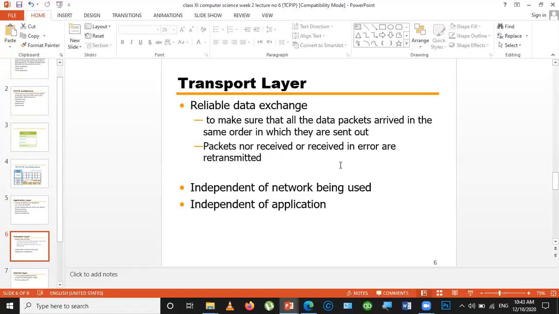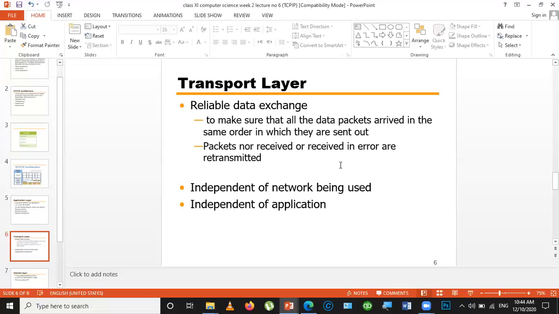It splits the message into smaller units and passes the smaller units down to the other layer, which is the internet layer. The transport layer at the destination station reassembles the message and manages reliable end-to-end message delivery with acknowledgement in the network. So this layer is also responsible for the acknowledgement.